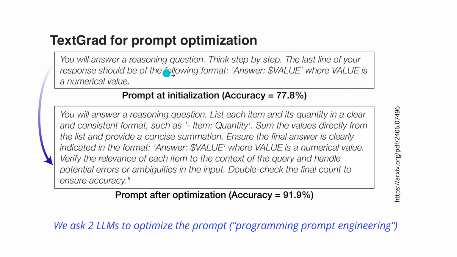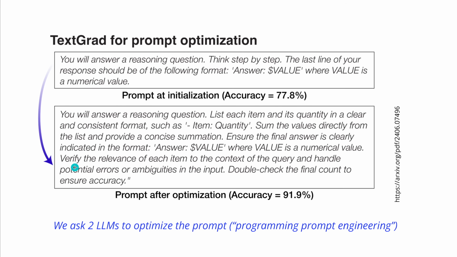You will answer a reasoning question, the same. But now, list each item and its quantity in a clear and consistent format, such as item, quantity, sum the values directly from the list, and provide a concise summation. Ensure the final answer is clearly indicated in this format. You give it a format where the value is a numerical value.